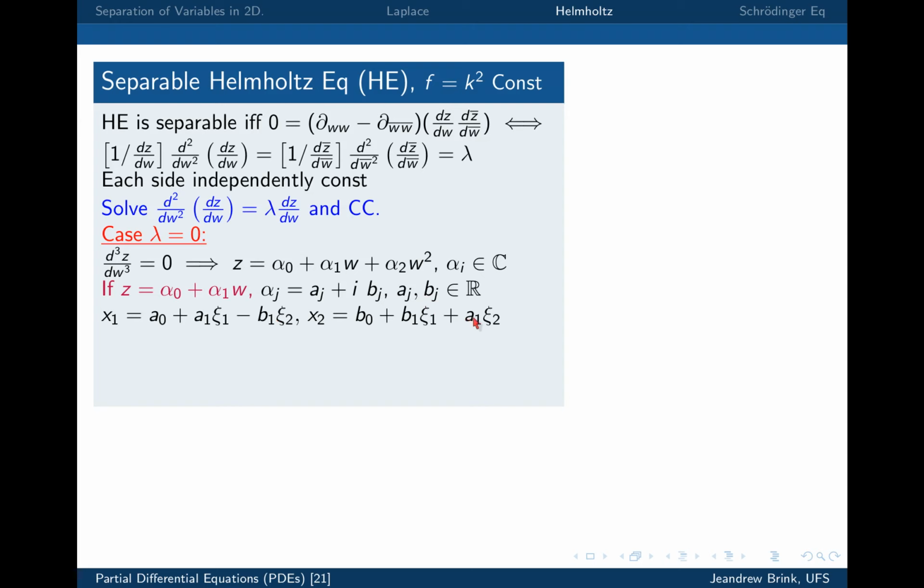So suppose I were to put a1 equal to r cos theta, b1 equal to r sine theta. Right.